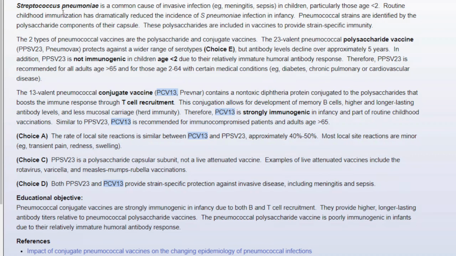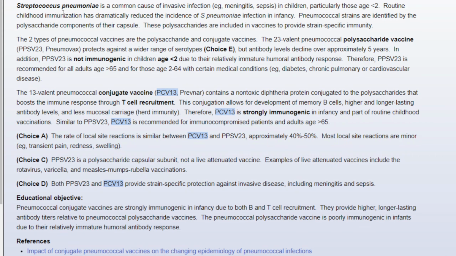Therefore, PPSV23 is recommended for all adults aged over 65 and for those aged from 2 to 64 with certain medical conditions, for example, diabetes, chronic pulmonary or cardiovascular disease.